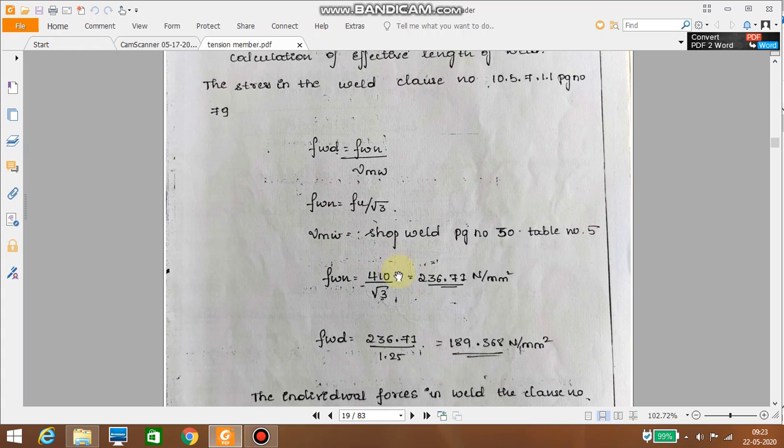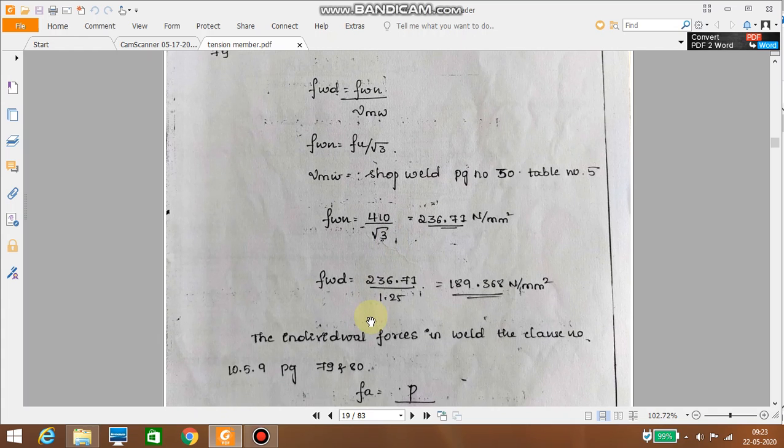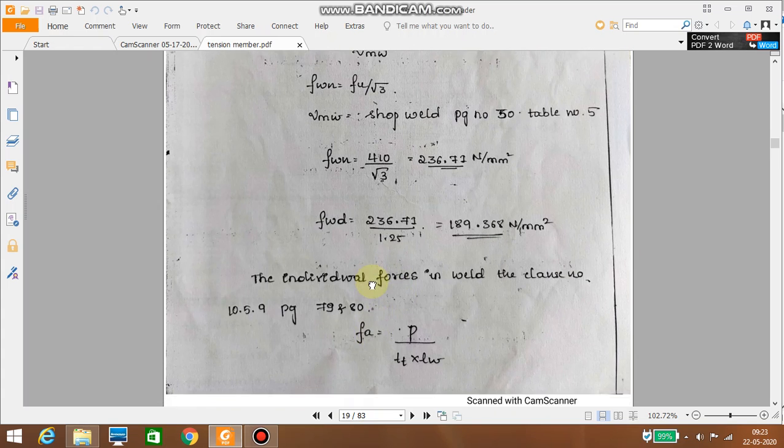If it is a field weld, you can take 1.5. So from clause 30 table number 5, we have the safety factor equal to 1.25. So FWD is FWN divided by gamma MW, and the answer is 189.368 Newton per millimeter square.